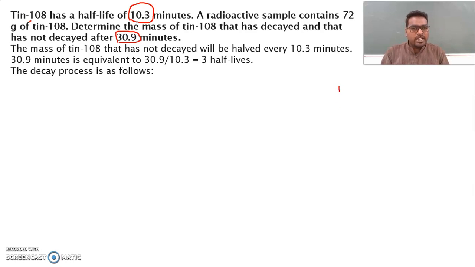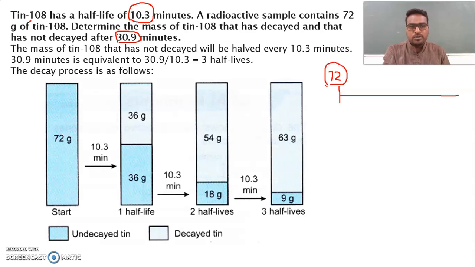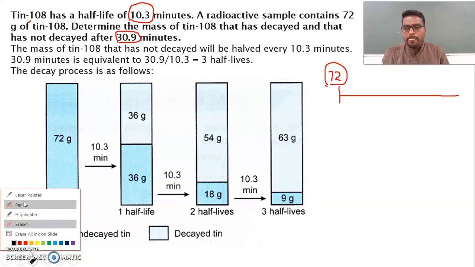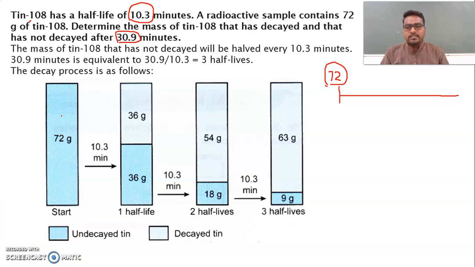For example, the radioactive reaction is started. The mass of tin is 72 gram at this stage. As time goes on, this 72 gram decreases. Before the reaction, the mass of tin is 72 gram, at the 0th minute.